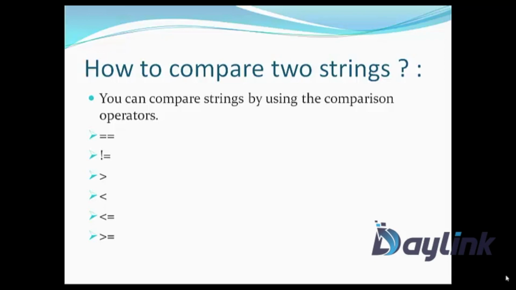The first characters, J versus J, are compared because they are equal. The second characters, A versus A, are compared because they are equal. For the third characters, N has a greater ASCII value than K. So s1 is greater than s2.